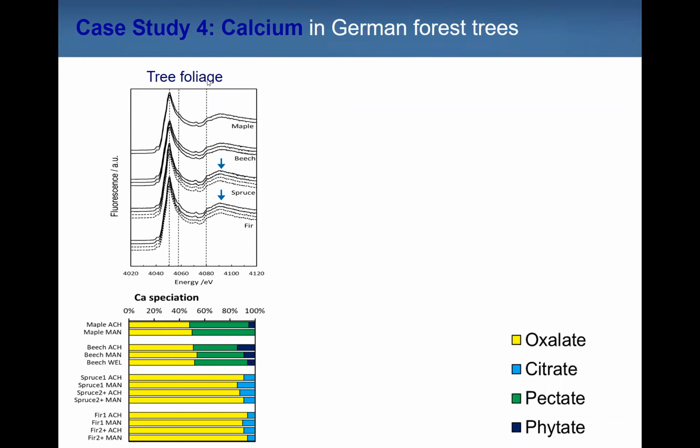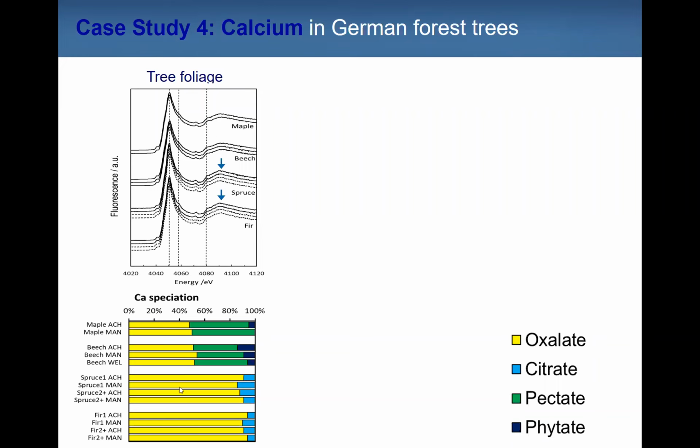And what you see here again is the different pattern of the spectra of the conifers, a more pronounced hump here compared to the broadleaves. And if you convert this information into calcium speciation information by LCF, you see that the conifers have much more oxalate compared to non-oxalate in their leaves compared to the broadleaf.